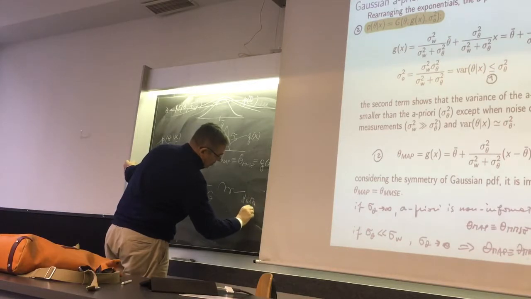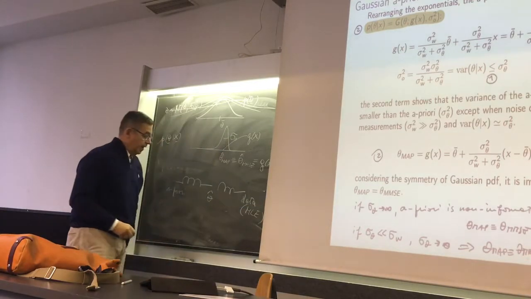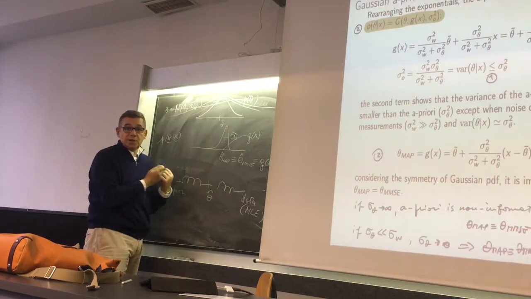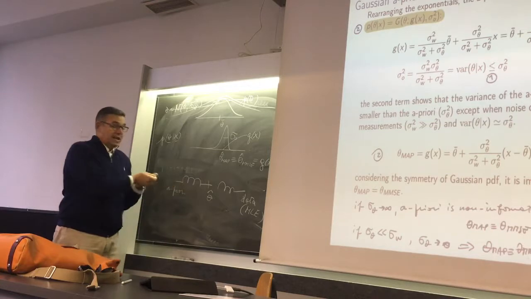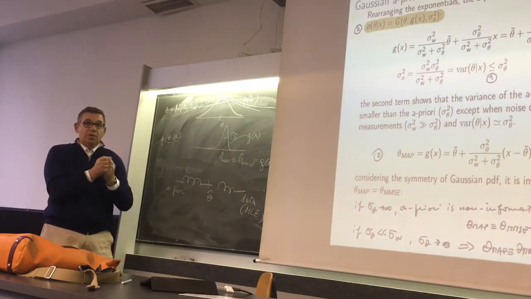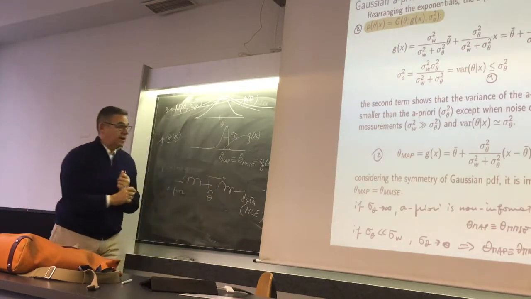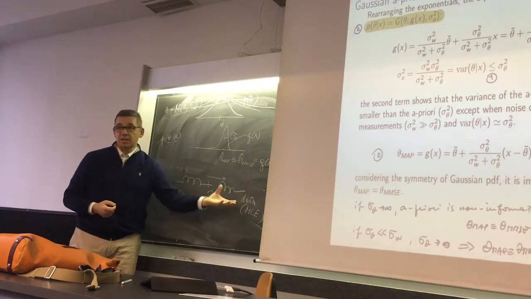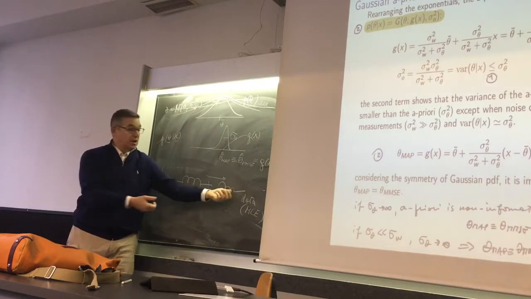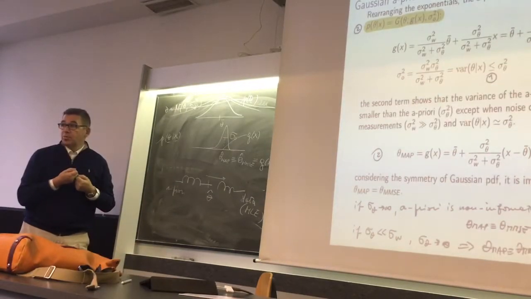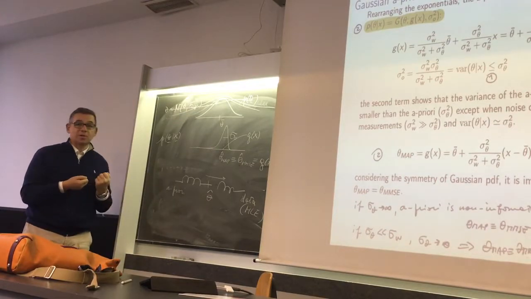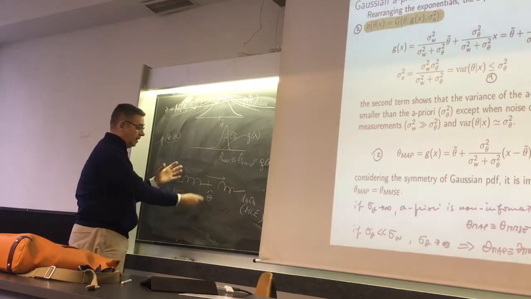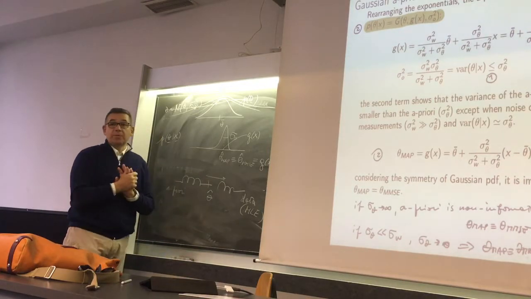Data means maximum likelihood. Now, if the a priori is loose, not strong, this kind of spring is not pulling too much, and the estimate goes to the other side, and I get the maximum likelihood data. If on the other side my data is not strong, it's very noisy, the a priori dominates, and the estimate is pulled toward the a priori side. So the estimated value is halfway.